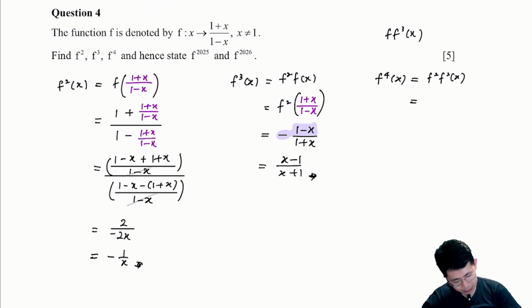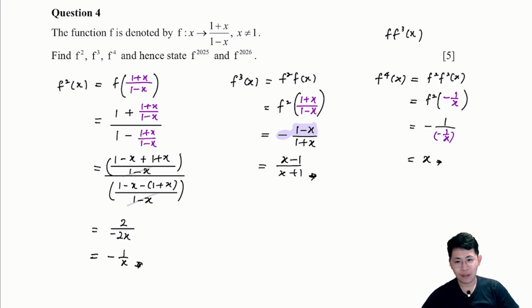So over here, we will get f2 of negative 1 over x. So we take the negative 1 over this thing over here, and with this, we are going to have x. So this is going to be f4 of x.